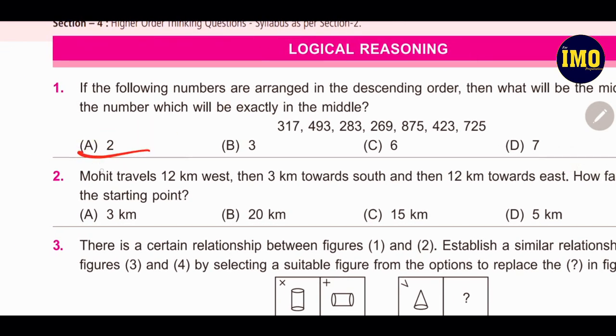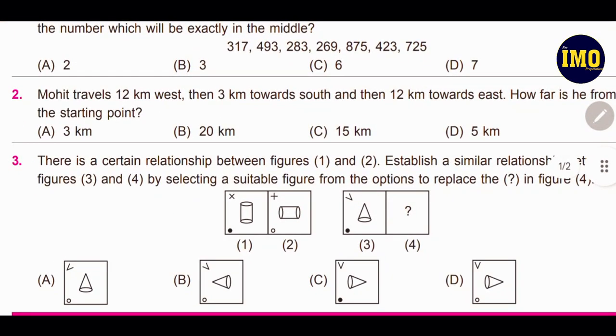Now, in the second question: Mohit travels 12 km west, then 3 kilometers towards the south, and 12 kilometers towards the east. How far is Mohit now from his starting point?